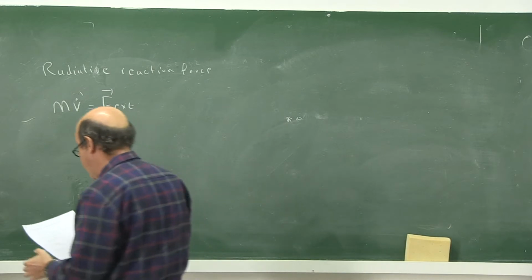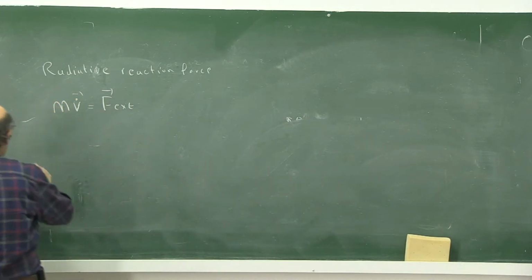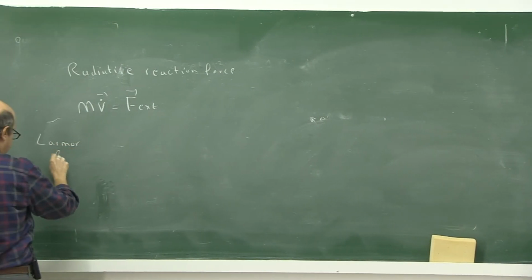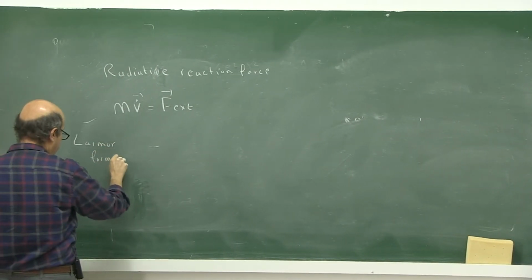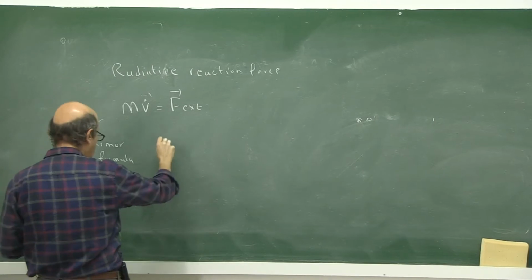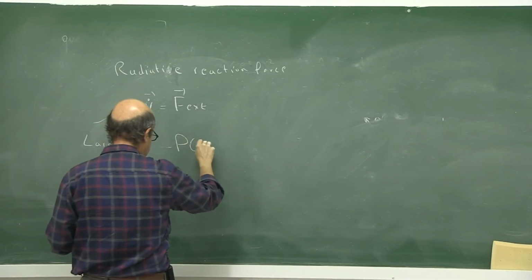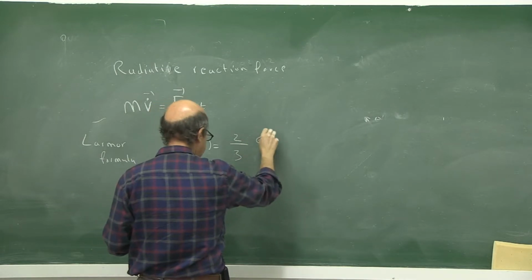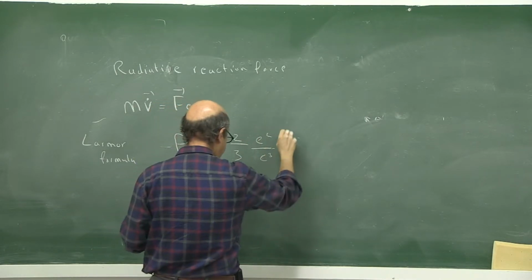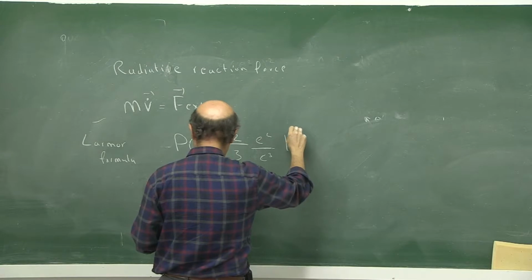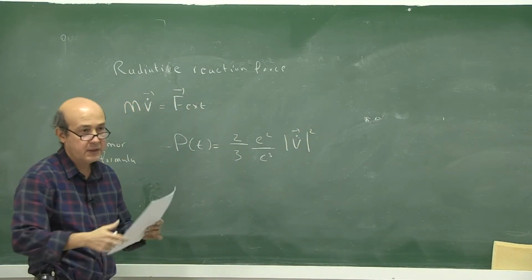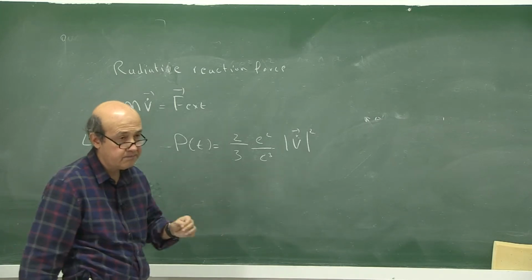What we have at hand is the nice Larmor formula. What does it tell us? The total power emitted non-relativistically from an accelerated charge is related to the square of the acceleration. This is the Larmor formula, non-relativistic.